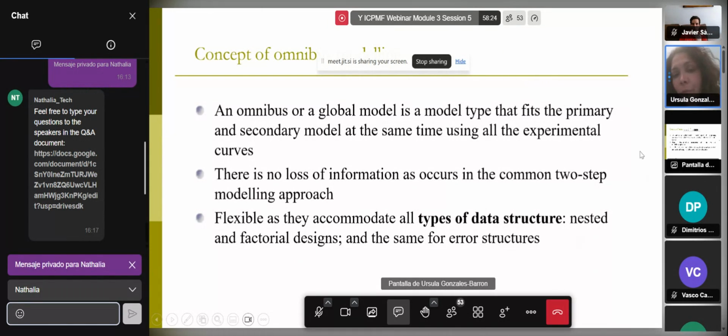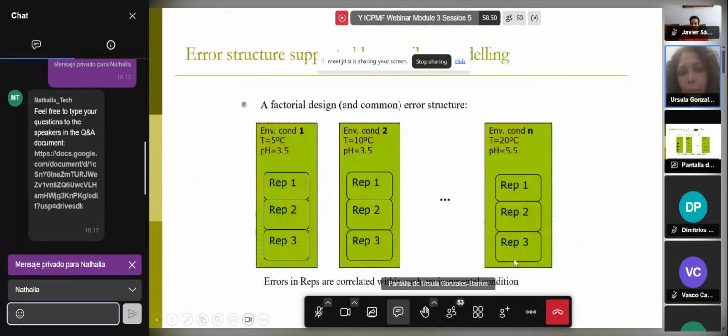There will be no loss of information, therefore the errors associated to the parameters are going to be quantified as larger. You will have larger prediction bands also. And it's flexible because you can accommodate different data structures. For example, if you do a full factorial design or a fractional or a nested design, you'll have to specify that in the error structure.